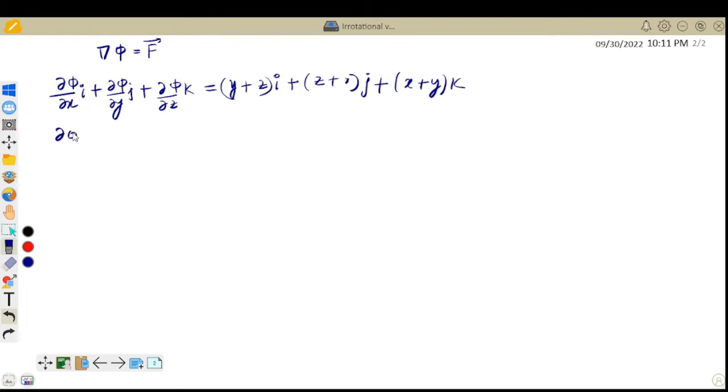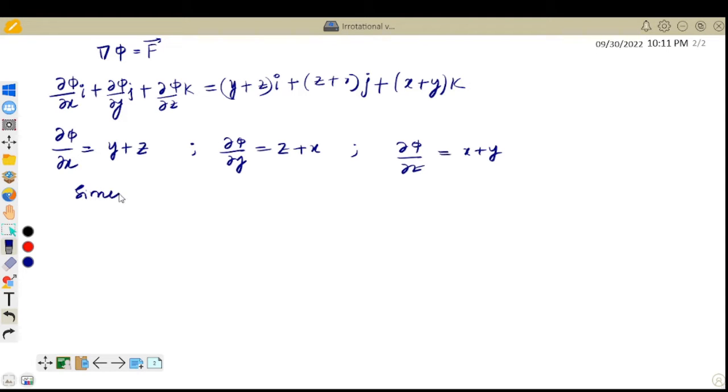That is, dou phi by dou x is equal to y plus z. Similarly, equate the coefficient of j: dou phi by dou y is equal to z plus x. Similarly, dou phi by dou z, the coefficient of k, is x plus y. Look carefully, these are called simultaneous partial differential equations.